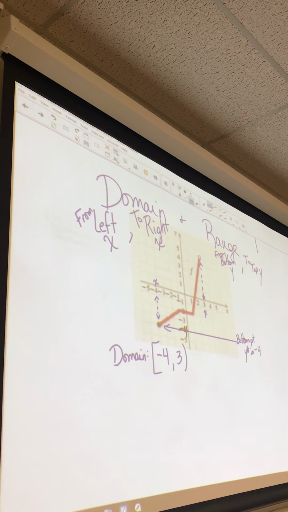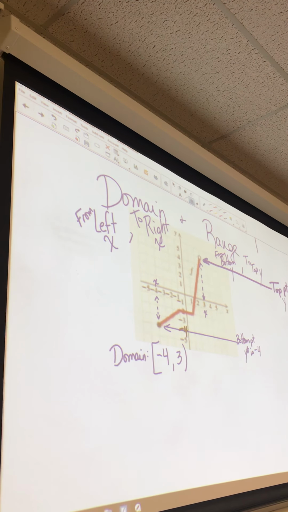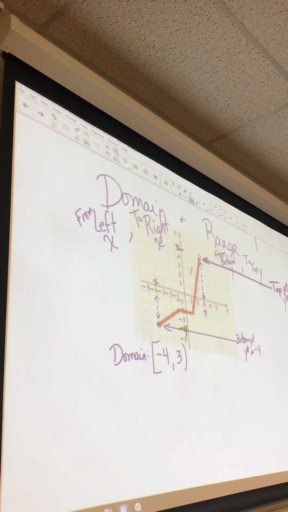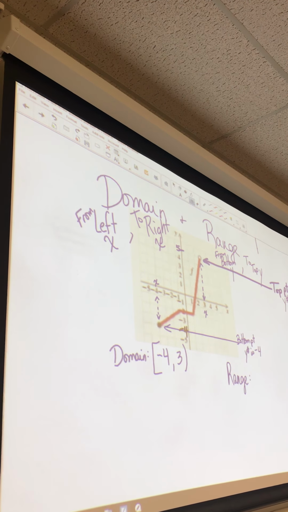All right, and yes, there is my top point, and the 5. All right, so how would we write the range then? Bracket of -4, okay, then 5 with parentheses. Yes.